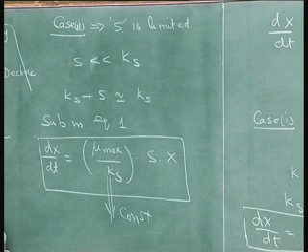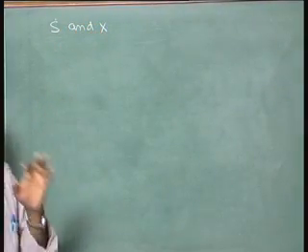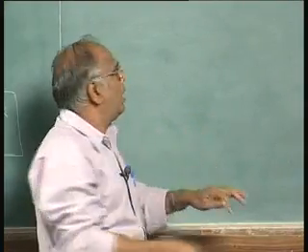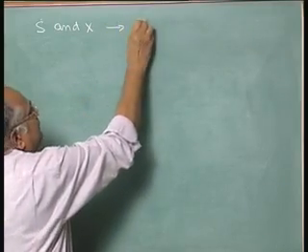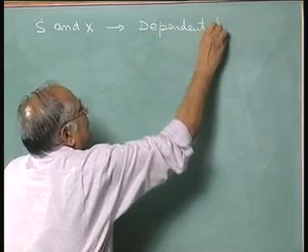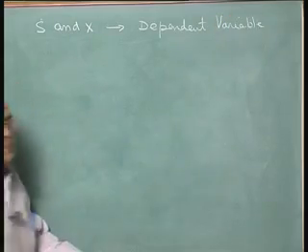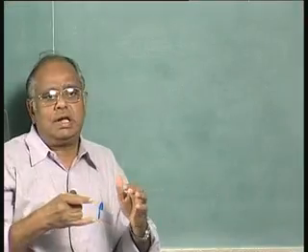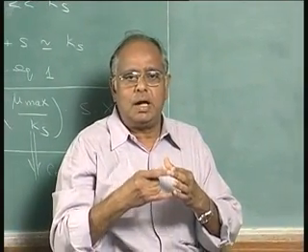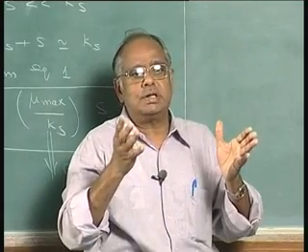Now, S and X, if you try to look at them, what is this S and what is this X? They are dependent variables. What do you mean by that? That means as the substrate concentration is decreasing, when the microorganisms utilize the substrate, then the microbial concentration increases.